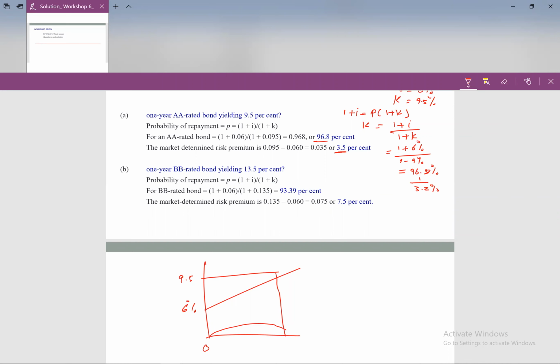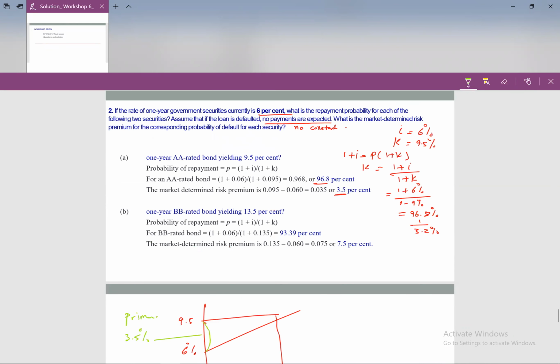This is 0 probability of payments. Now we reach here, and this area is actually 3.2%. This is the probability of payments. For that 3.2%, I'm taking this area, which is actually a 3.5% premium for this probability of defaulting.